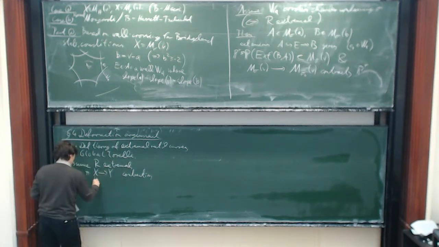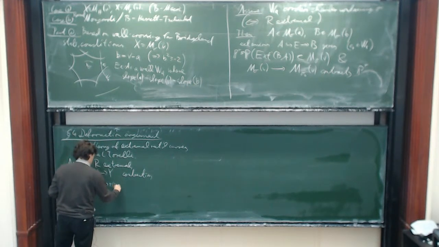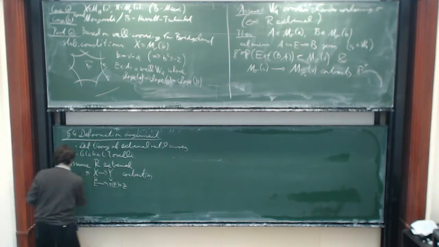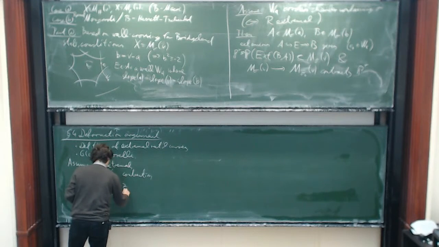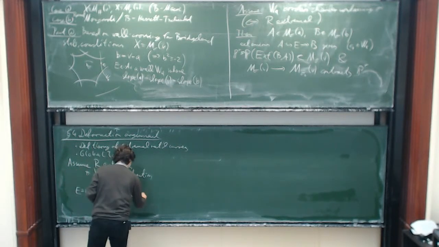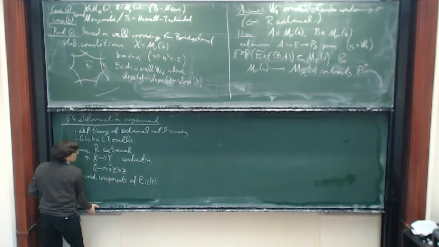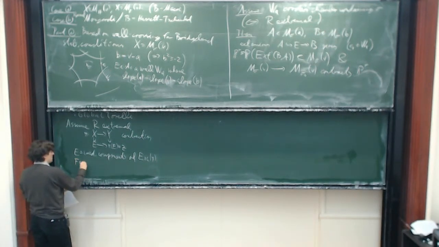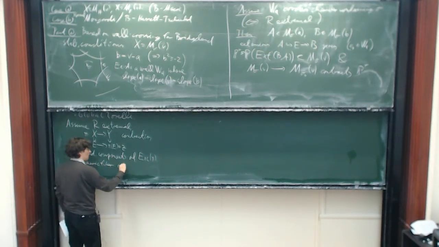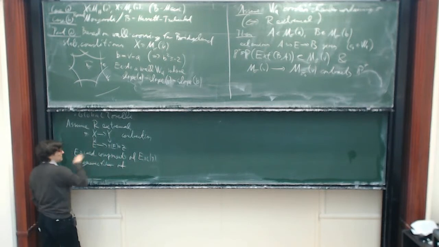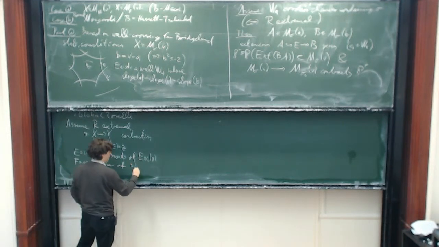Let me pick E, an irreducible component of the exceptional locus of pi. And then let S be a generic fiber of this morphism, so of pi restricted to E.